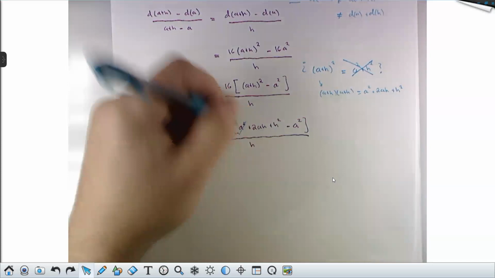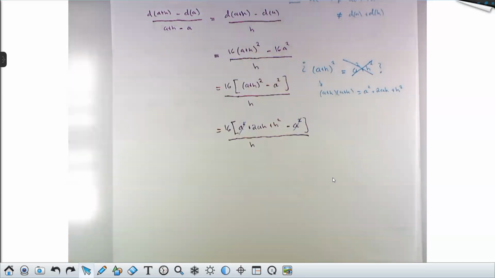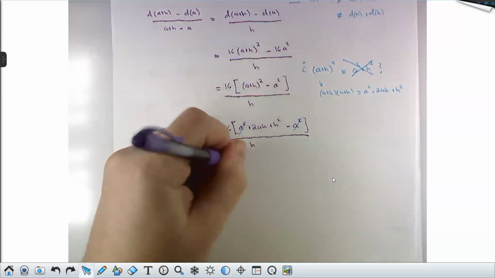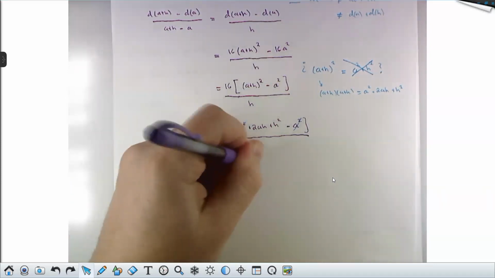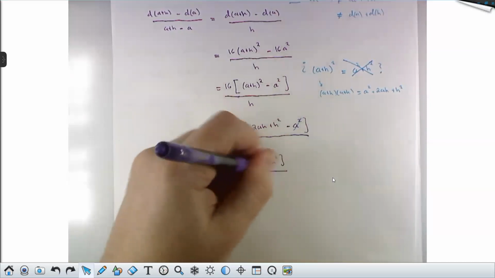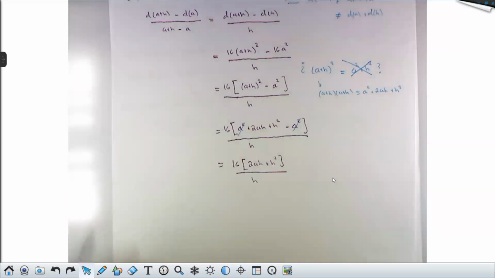Positive a squared here and the negative a squared here eat each other up. And I get 16 times 2ah plus h squared over h.